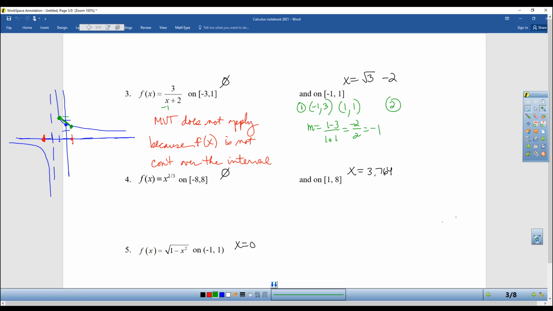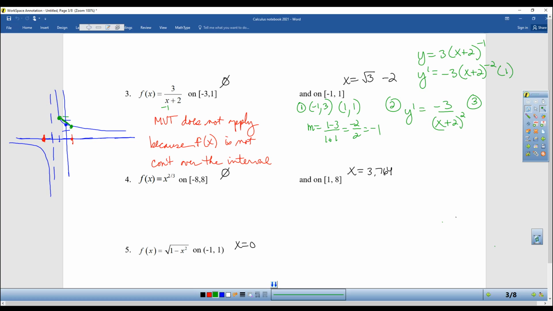Step 2, we're going to find the derivative. So my original equation is 3 over x plus 2, but I personally think when the top is a monomial, it's really easy to just do it this way. y prime is negative 3 times x plus 2 to the negative 2 times 1. So my derivative is negative 3 over x plus 2 squared.